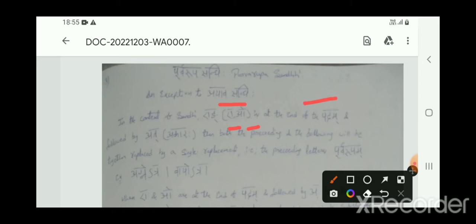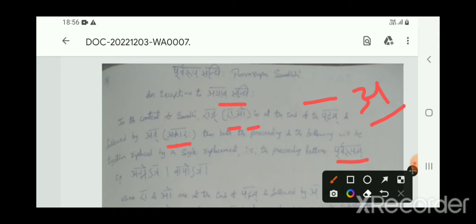That is Ayava Sandhi. But here, only A and O are at the end of a padam and followed by an akara. Akara means letter A. If A and O are at the end of a padam and followed by an akara, then the replacement will be a single replacement, which is its Purvarupam.